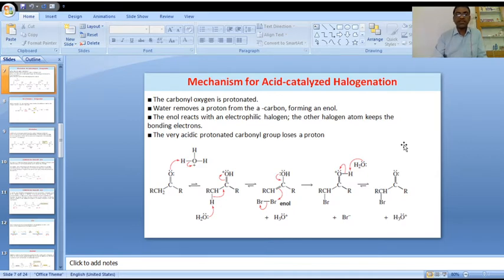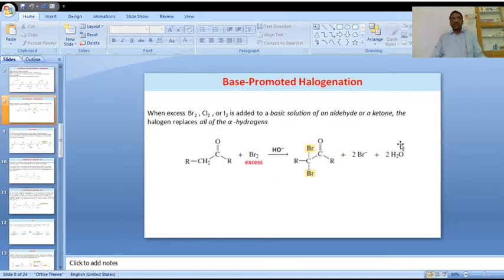Okay, is it clear to all of you? Here the very acidic protonated carbonyl group loses a proton. Finally we are getting the alpha substituted product. Okay, these last two slides are completely related to the acid catalyzed halogenation process.